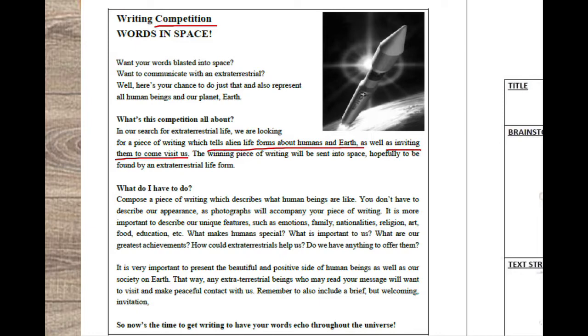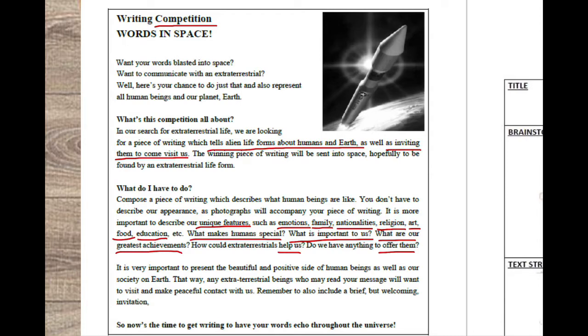It is more important to describe our unique features, such as emotions, family, nationalities, religion, art, food, education, what makes humans special, what is important to us, what are our greatest achievements, how could extraterrestrials help us, do we have anything to offer them? So rather than talking about the physical appearance of humans, we are talking about our innate personalities and traits.